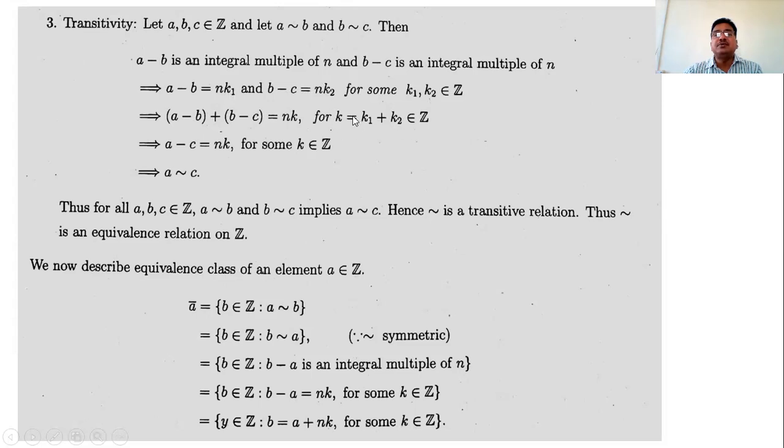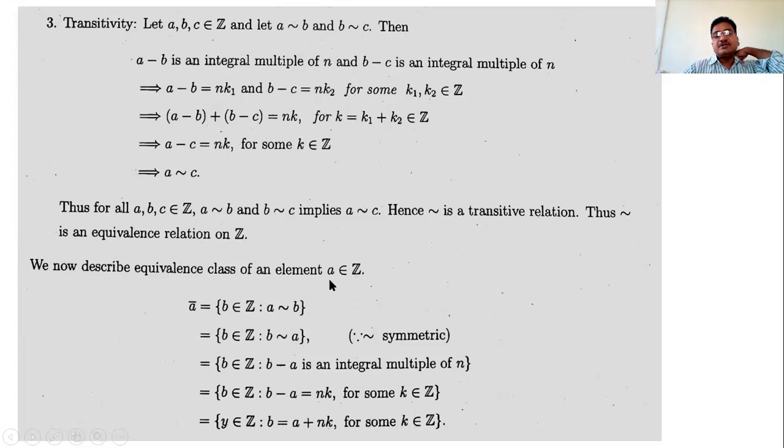Suppose k1 plus k2 is k. Then a minus b plus b minus c is equal to nk. In the addition, minus b and plus b become 0, so a minus c is equal to nk. That is, a minus c is expressed as n into some integer, a multiple of n. So a is related to c, and therefore the relation is transitive, because a is related to b and b is related to c implies a is related to c.